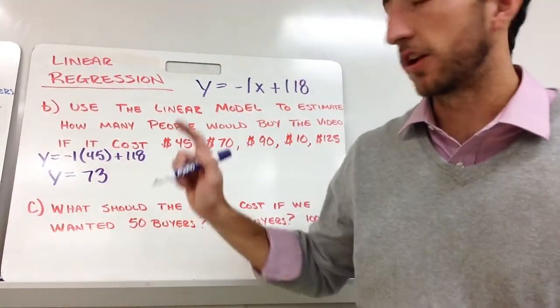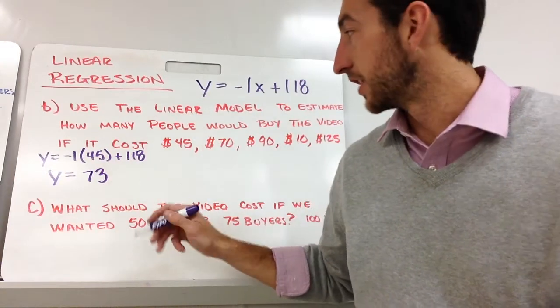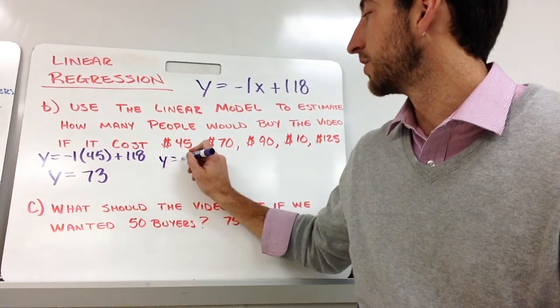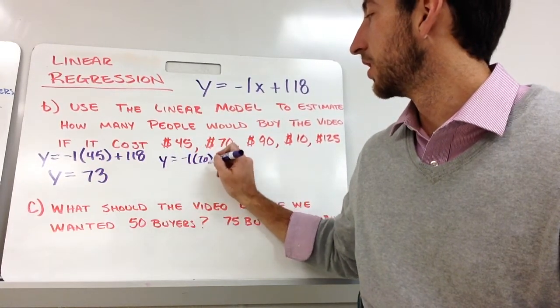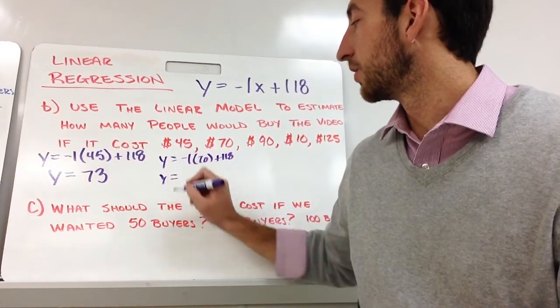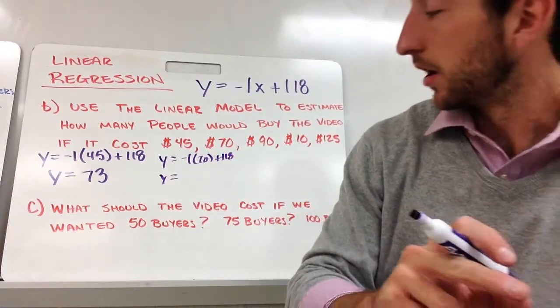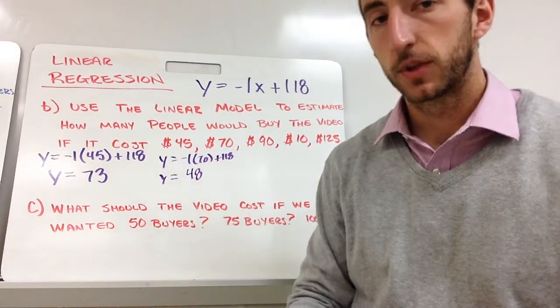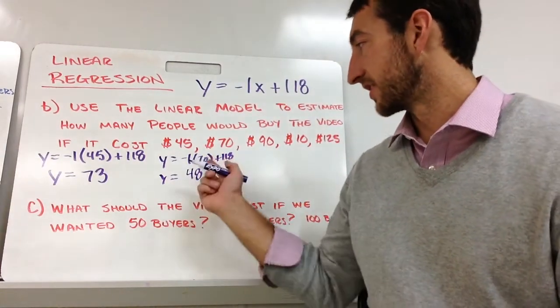So I know that if it costs $45, I'm going to get 73 buyers. Same thing if I put in 70. So y equals negative 1 times 70 plus 118. So my y equals, that one's 48. So I'm going to have 48 buyers at $70.